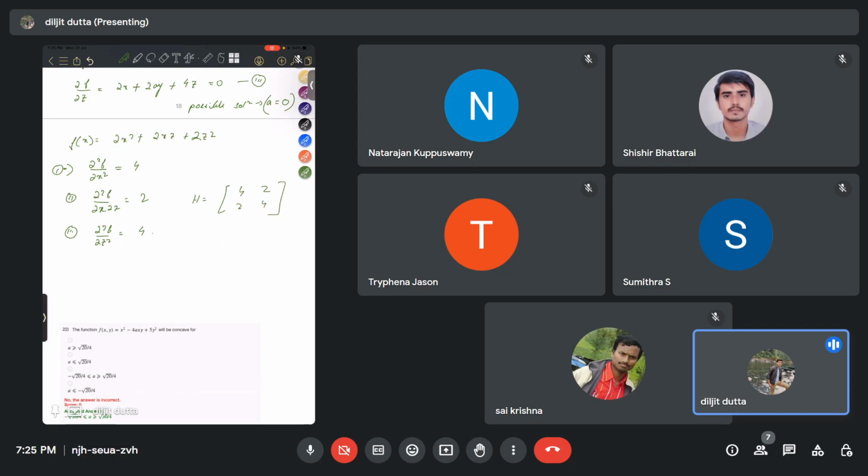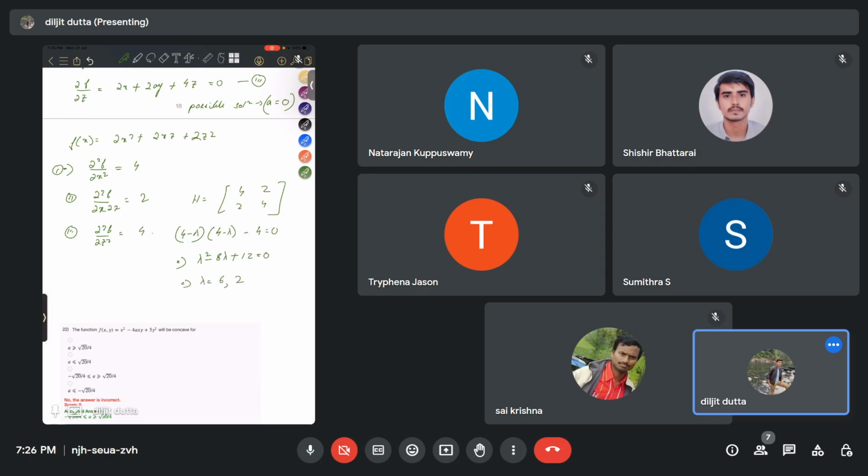Now if we take the eigenvalues, (4 minus lambda) into (4 minus lambda) minus 4 is equal to 0. Lambda square minus 4 lambda plus 12 is equal to 0.